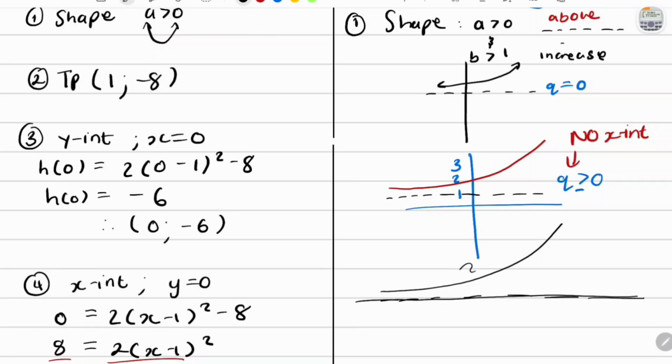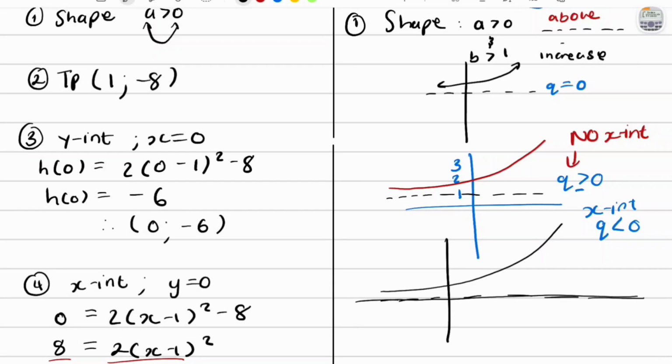So in this case as well, it also wouldn't. Okay, so if it's greater or equal to 0, no x-intercept. However, if your asymptote is less than 0, you will have an x-intercept. Okay, so that's something you can think about so that you know already beforehand whether you should think about including an x-intercept or not.